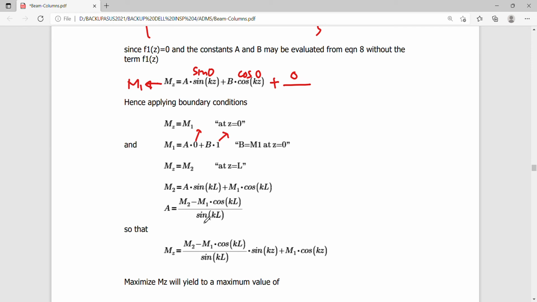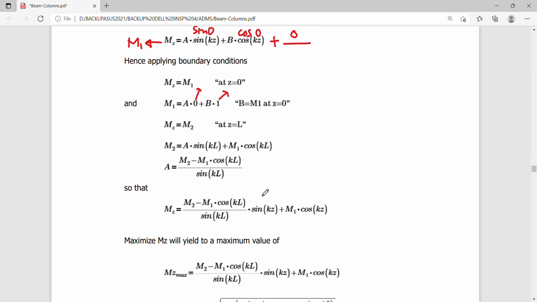So that your Mz, upon substituting the value of a and the value of b, will yield this equation.